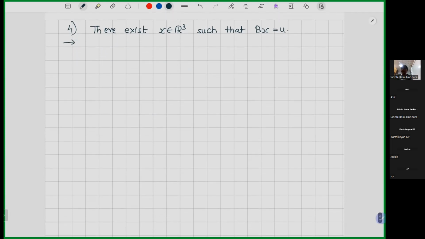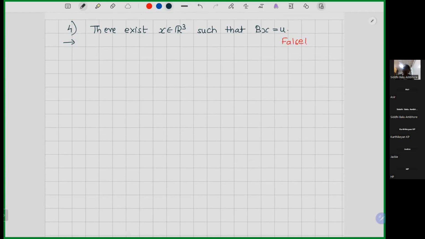Any guesses here whether this will be true? Can we produce such an x such that bx is u? It should be false, ma'am. Yes, it will be false.